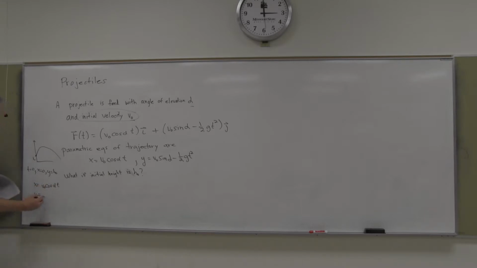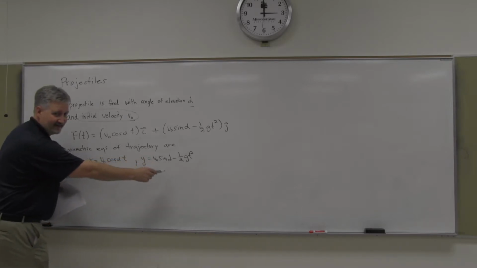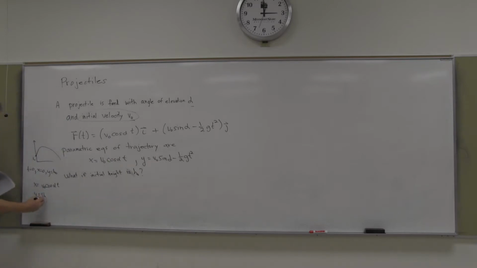The y value, all I have to do is add in the height there. And everything else stays the same. So, yeah, if you start at initial height of h0, just add it in to the y component, the j part of your vector function there.